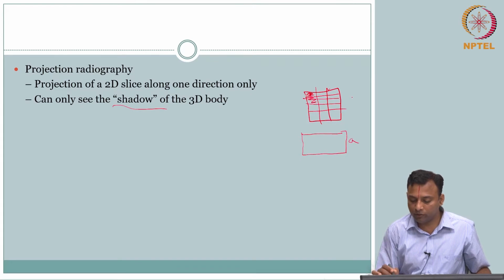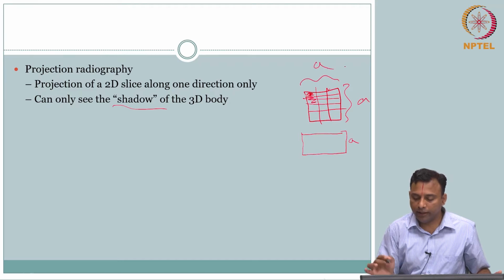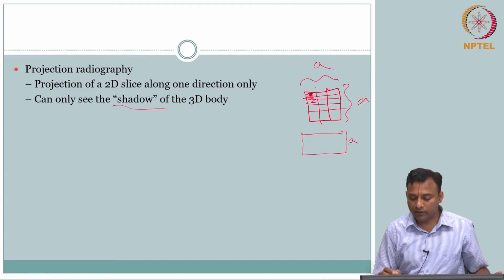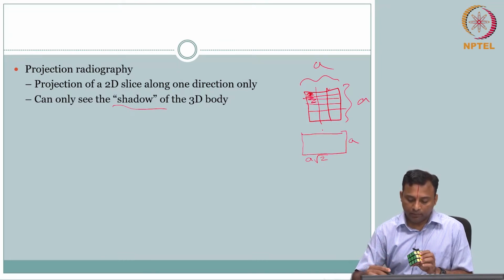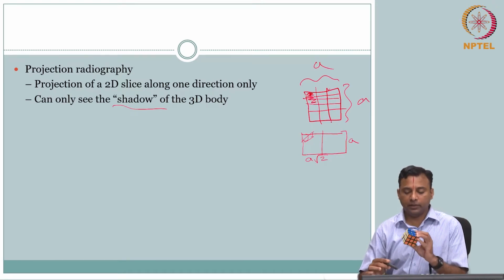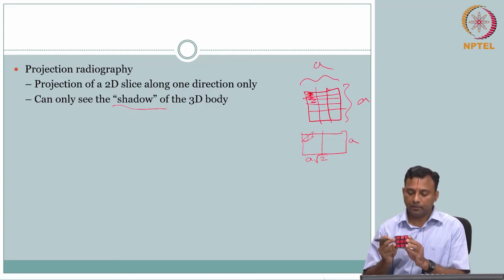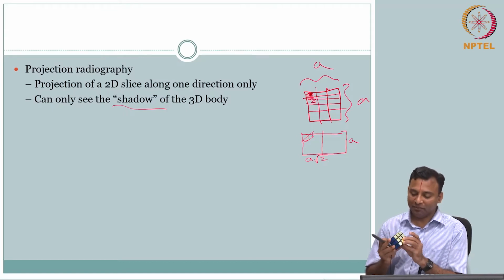So let us say this is A and this is A. I will still see this as A, but my width will be square root of 2 times A. Clear? So then probably half of it I saw yellow color. It will still be a cube, but from our perspective, whichever color I showed you doesn't matter.